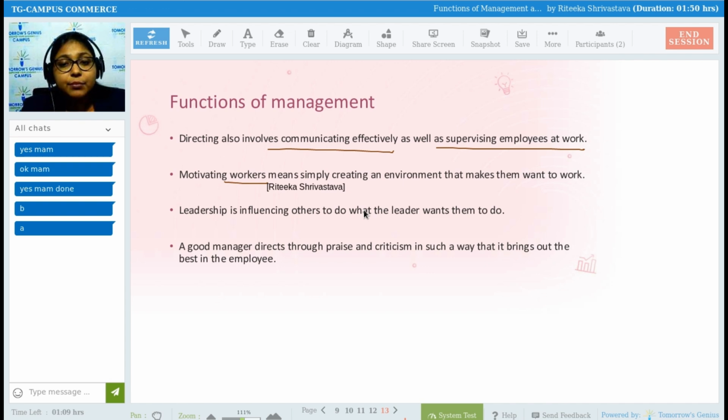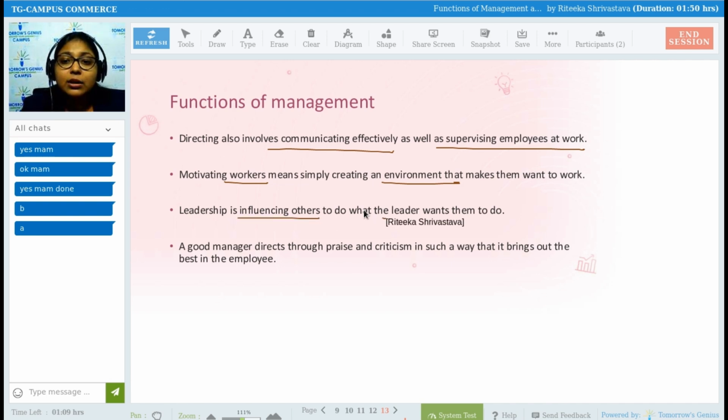So motivating workers means simply creating an environment that makes them want to work. So how will you motivate? How basically will superiors motivate? They will keep on encouraging them. They will give them good feedback. They will give them their good opinions and create a positive atmosphere for them to work.